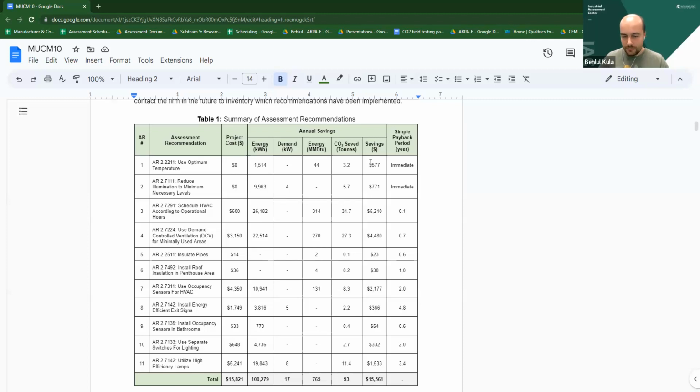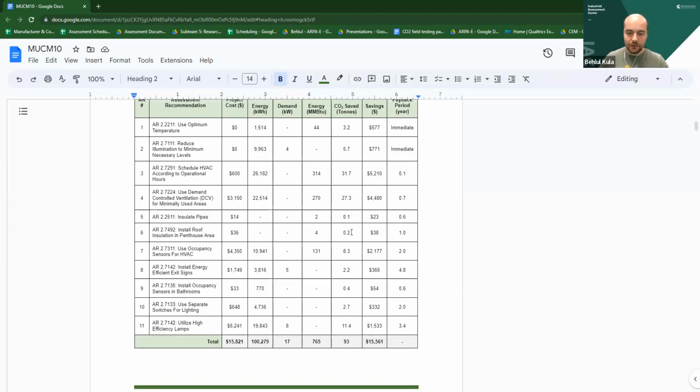There are also some other recommendations which have high savings, but with high installation cost also. But as you can see, all these recommendations have a payback period of lower than 5 years. It was one of the limitations for our recommendations. It must be lower than 5 years.